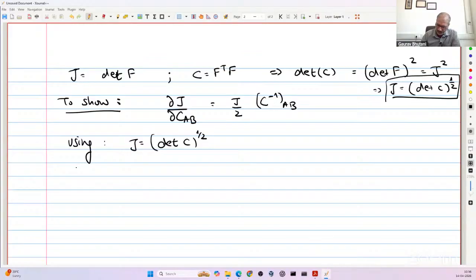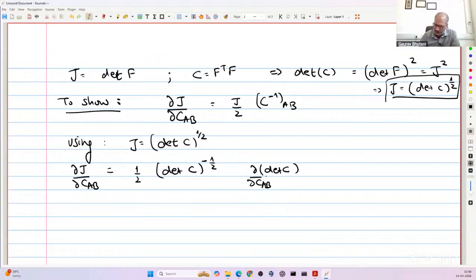Using J equals the square root of the determinant of C, that's the definition, if I take the partial derivative with respect to CAB on both sides, then what that gives is you have determinant C to the power of half, so this becomes half, and determinant C to the power of minus half, and then we have partial by partial CAB of the determinant of C. Determinant of C is Jacobian squared, so this becomes J squared to the power of minus half.